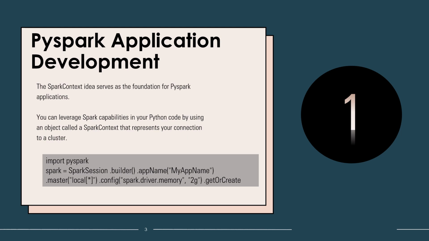You can leverage Spark capabilities in your Python code by using an object called a Spark context that represents your connection to a cluster, and your code will be import pyspark, spark equals SparkSession.builder.appName, whatever name you want to provide you can pass here, then .master local, then .config spark.driver.memory, and then getOrCreate.